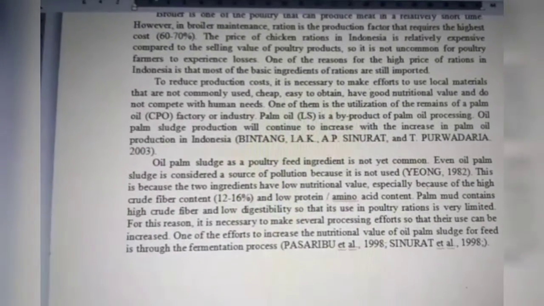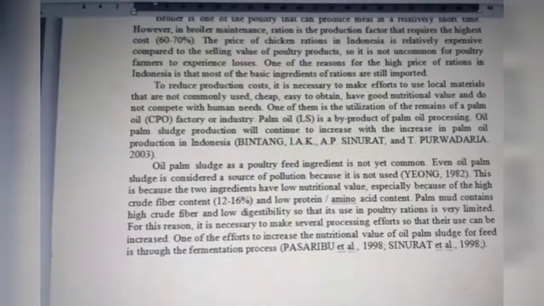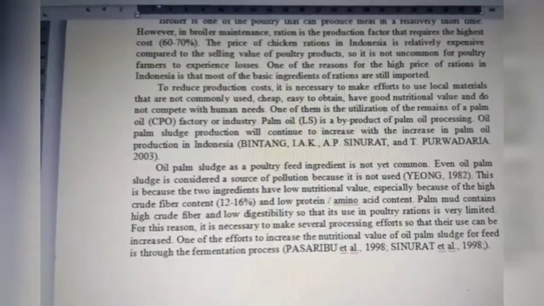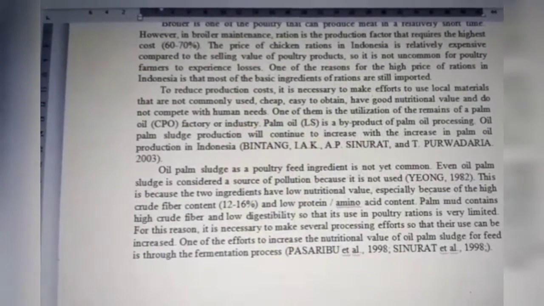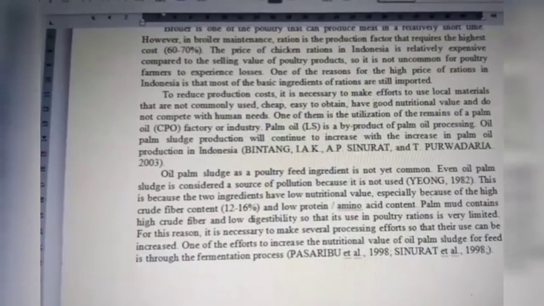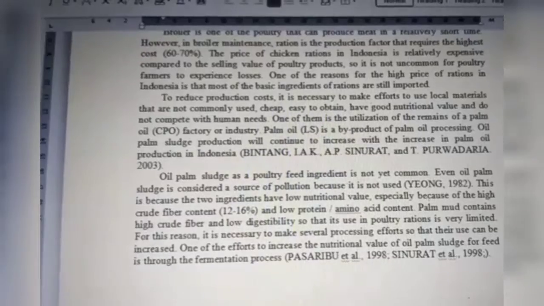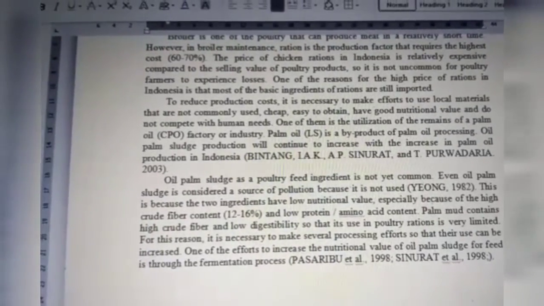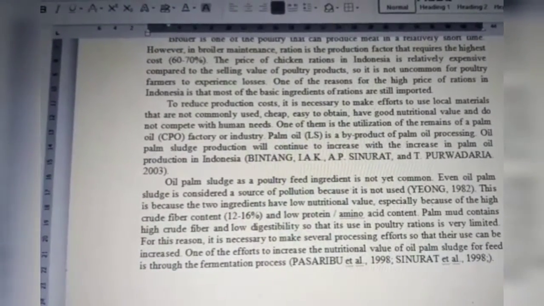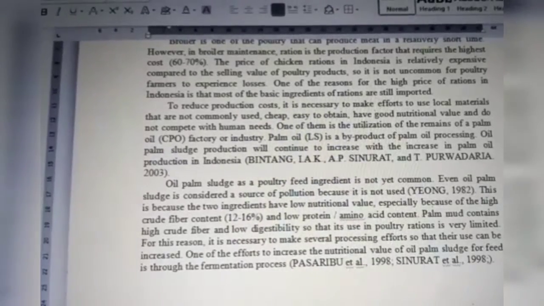To reduce production costs, it is necessary to make efforts to use local materials that are not commonly used, cheap and easy to obtain, have good nutrition value, and do not compete with human needs.